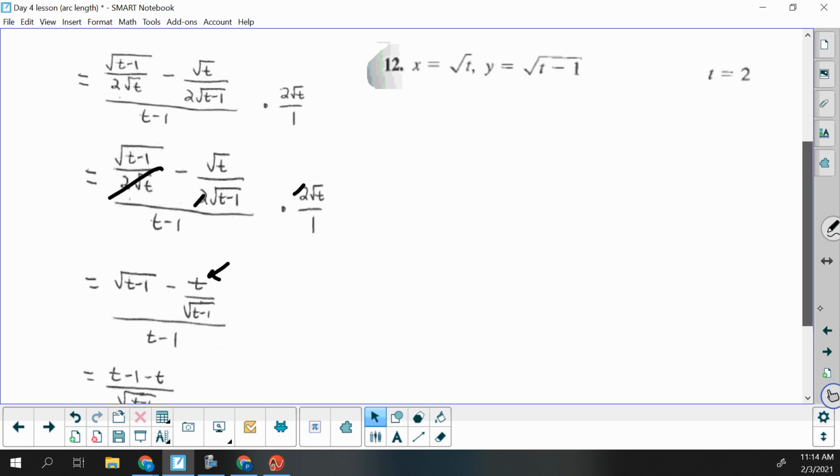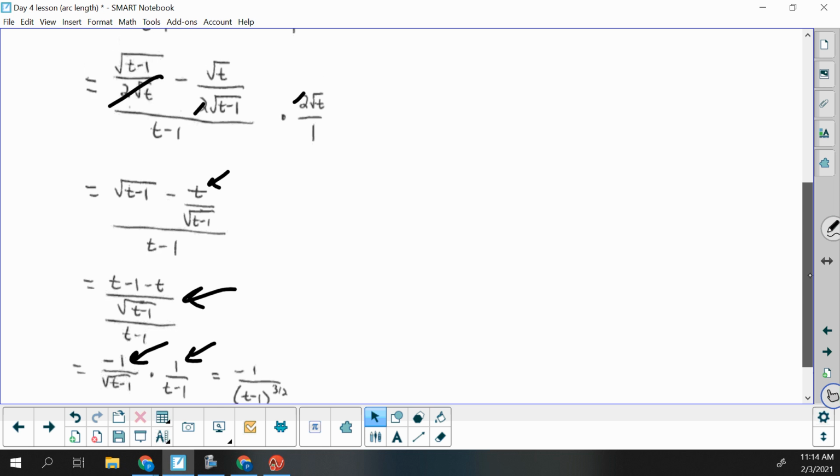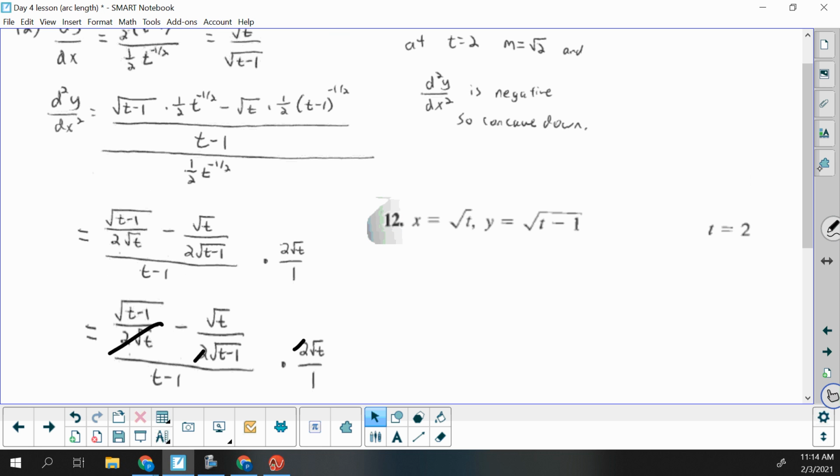You can get a common denominator by multiplying top and bottom by square root of t minus 1, so that gives us this. Combining your like terms gives us that, and multiply by the reciprocal gives us negative 1 over the t minus 1 to the 3 halves. Well, subbing in the 2 for t would give us a negative, so that's why it would be concave down. Again, you didn't necessarily have to neaten that up. Could have just subbed in the 2 here and neatened it up with numbers to find that it's negative.